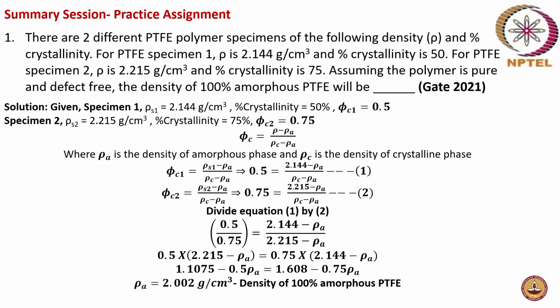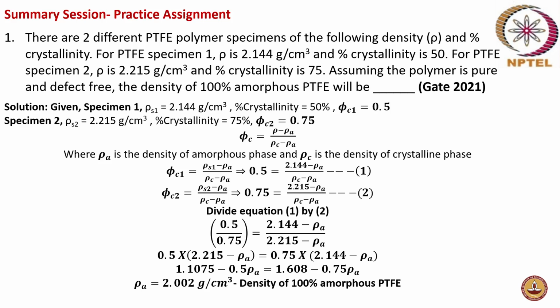If you just rearrange this, you may not get it as this, I guess, because phi c into rho c minus phi c into rho a is equal to rho minus rho a, correct? So divided by, you will have one more term of rho a there. That is how you will get this formula.